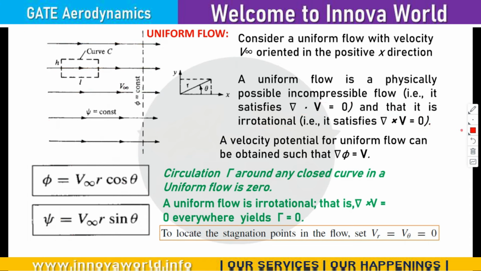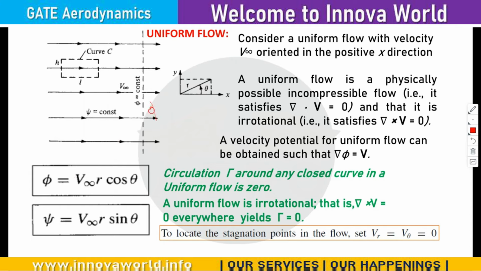Previously we have also seen, when discussing the stream function and velocity potential, that when we want to find the velocity components, u and v, what was the formula?